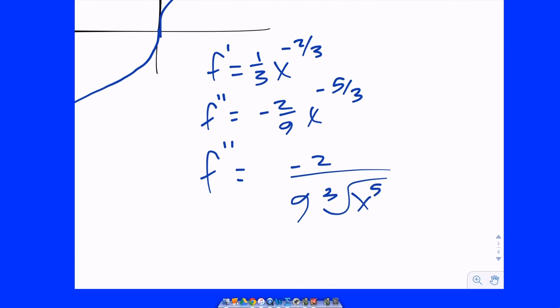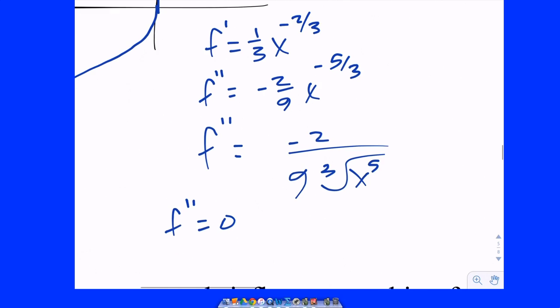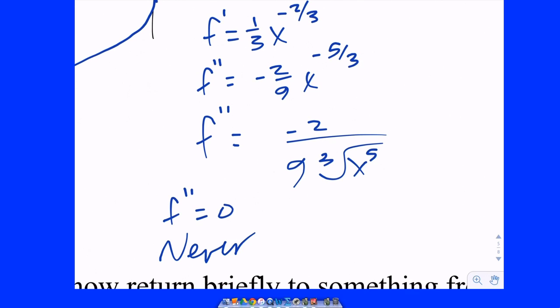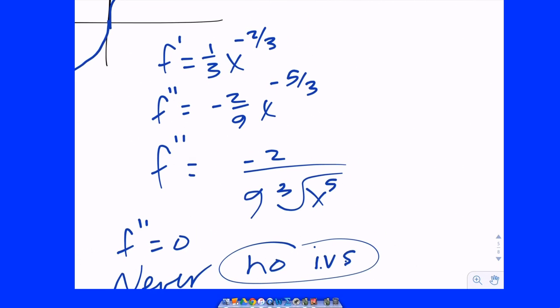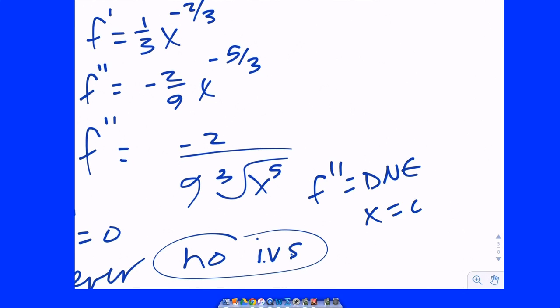And without knowing what the graph looks like or thinking about it, a lot of students might say f double prime equals 0, never, never. And so they would walk away saying there's no PIVs and thus no IVs, no inflection values. And they would be what? Wrong. Because it's not just where the second derivative is 0, it's where the second derivative, just like for critical values, is undefined. And that's going to be when x equals 0.